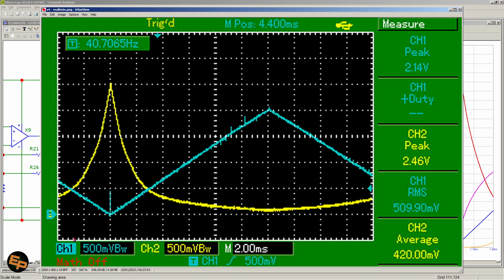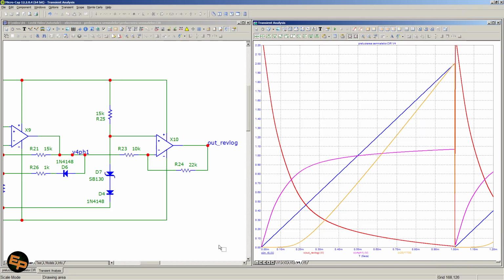In my screenshot it is the yellow curve. It's different because the intersection point here is essentially half a volt, whereas in my simulation the intersection between the input and the output is not far from half a volt, it is 0.46 volts.